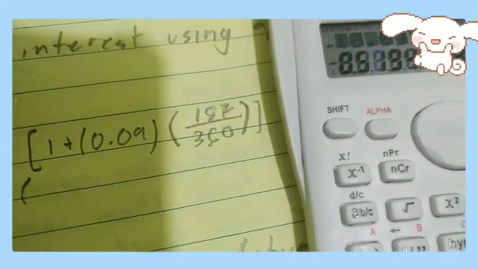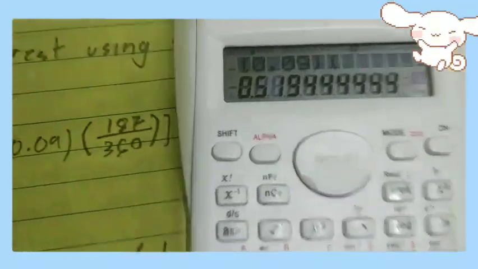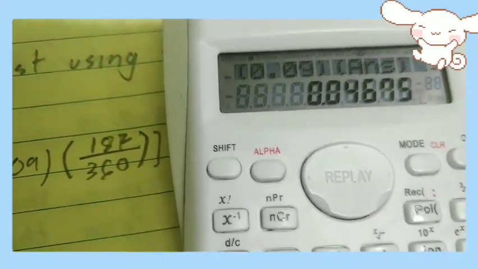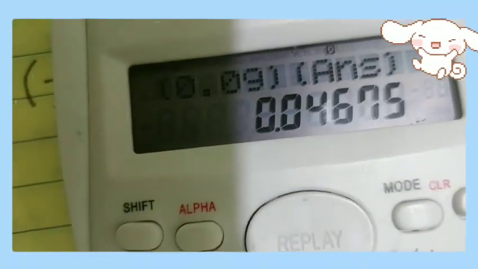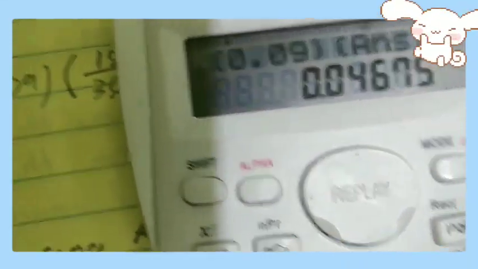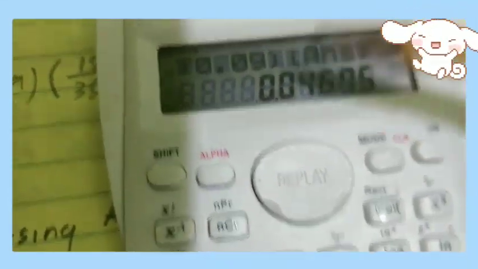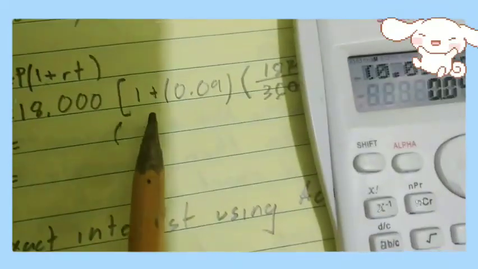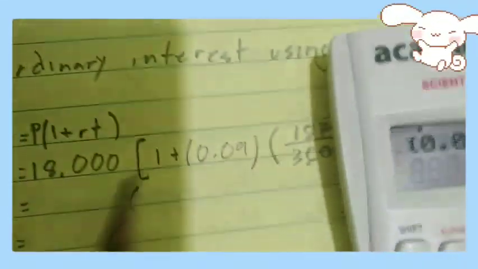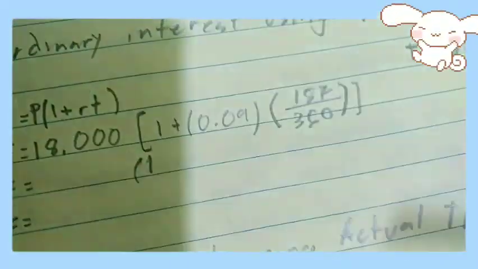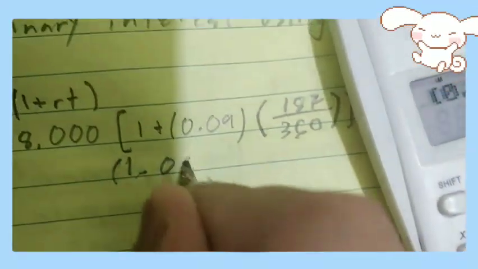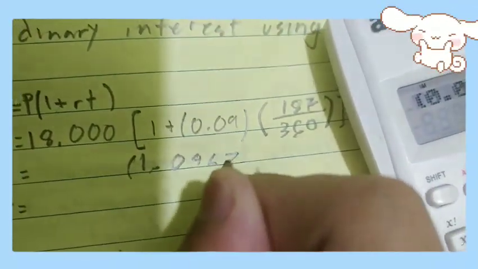And answer equals this. As I said, it automatically will have a 1 because it's in the formula. You just have to plus 1 it. So our answer is 1.0467 5.